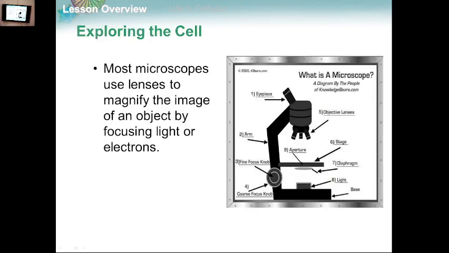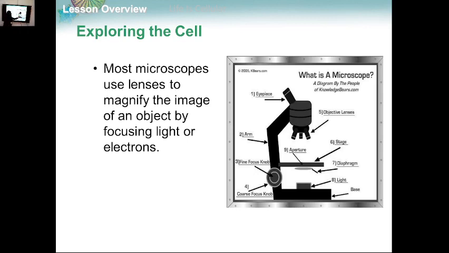Let's now study the microscope. Most microscopes use lenses to magnify the image of an object by focusing light or electrons. So we need to study the structure of the microscope. The microscope is made up of many units. First of all, an eyepiece, arm, fine focus knob, coarse focus knob. Then we have multiple lenses, which we call objective lenses, and these objective lenses have many magnifications.